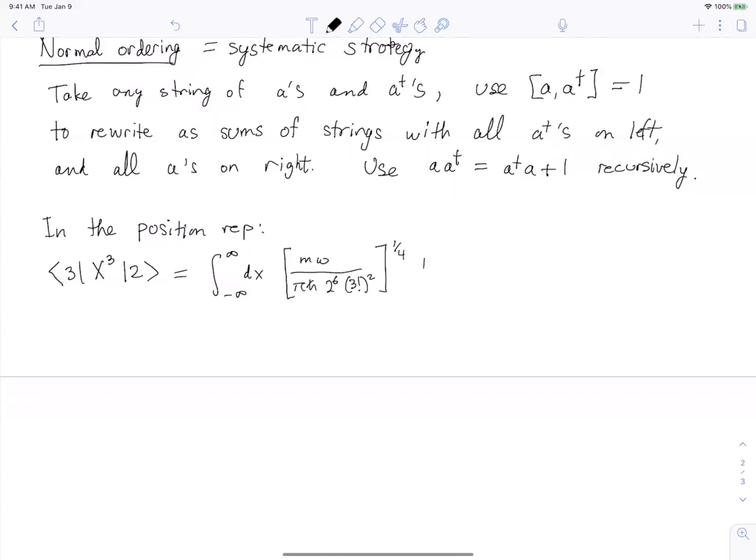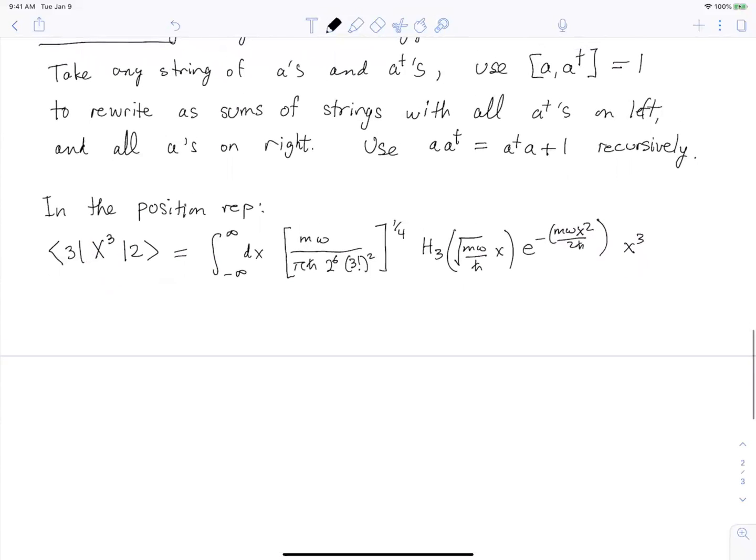Then there was a Hermite polynomial. The Hermite polynomial was of this quantity y, which turned out to be m omega over h bar times x. And then there was an exponential factor, which looked like this. Okay, then we have our operator x cubed, which turns into the number x cubed in the position representation.